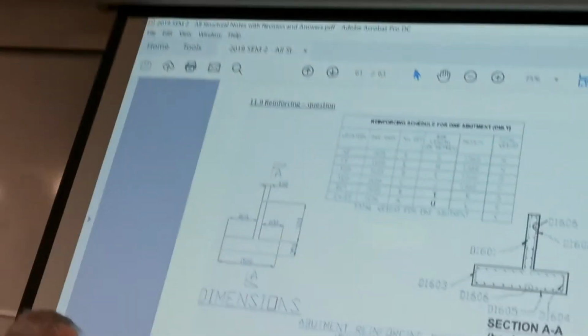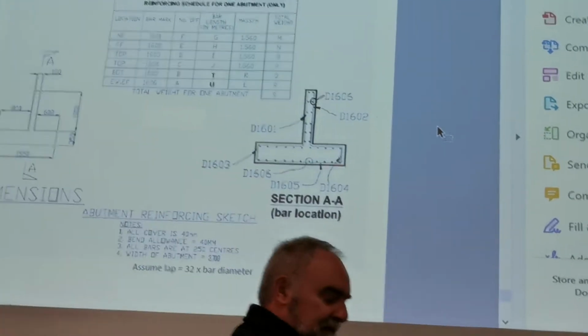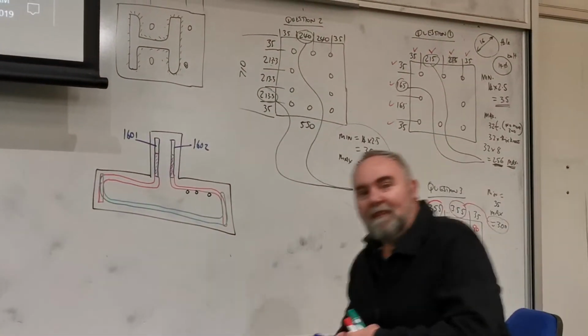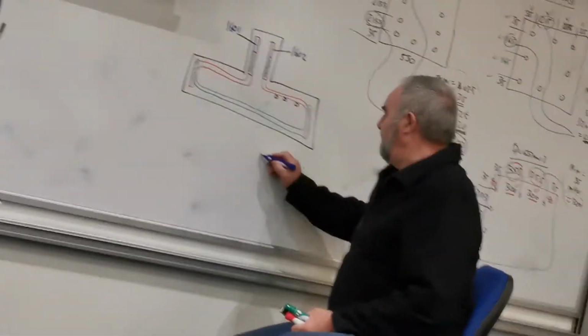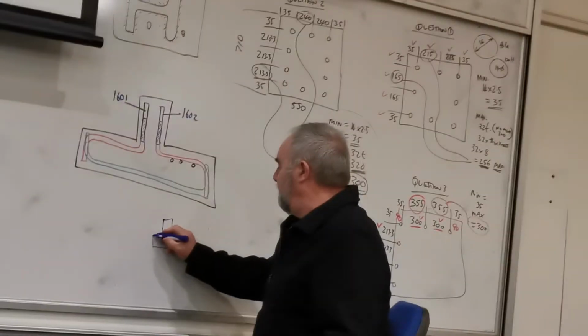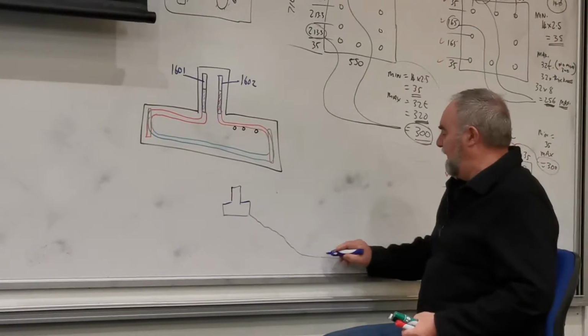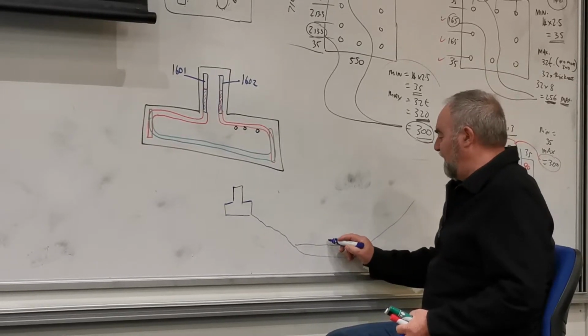I'll do it here for you. It's going to be, what is an abutment? Okay, I'll explain what an abutment is, and I'll show you how the length is actually the width. Okay? So an abutment is something that sits like this, and this will go down to a river or something and come back up on the other side, okay?